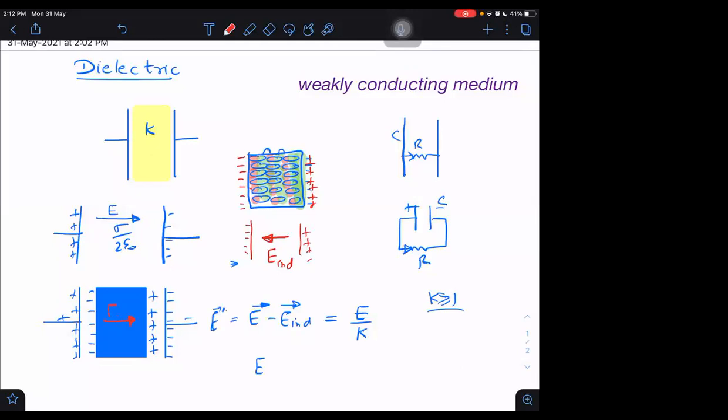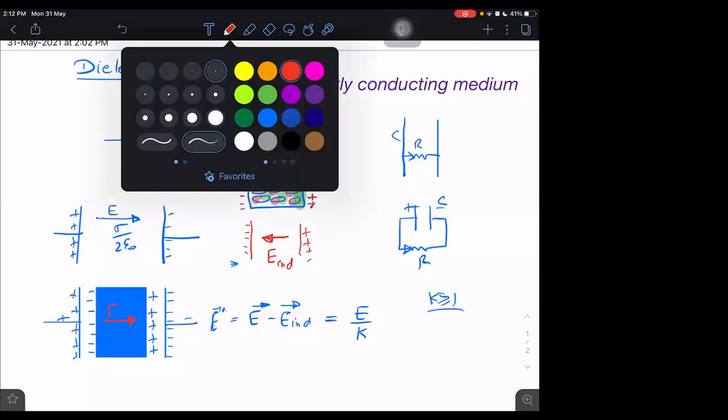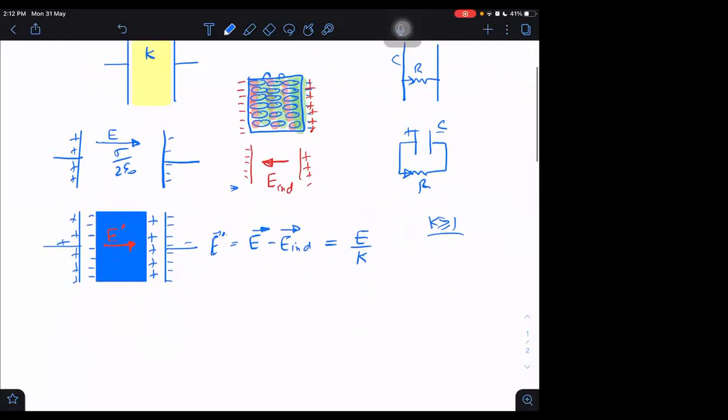What is the value of E dash? Now E dash will be E by K, we already know. What will be the value of charge induced? Let us say sigma induced, I can say, the charge density induced.